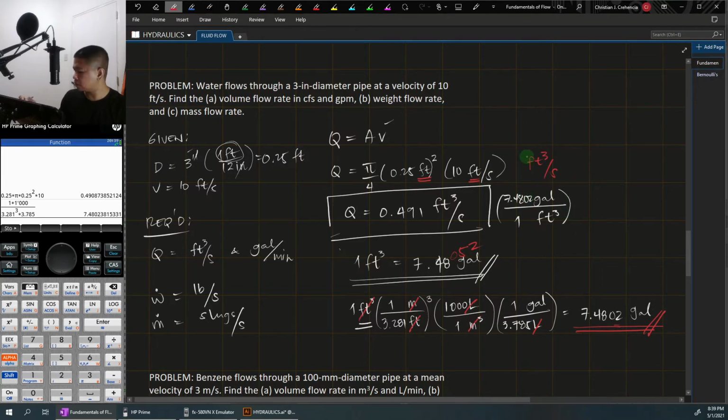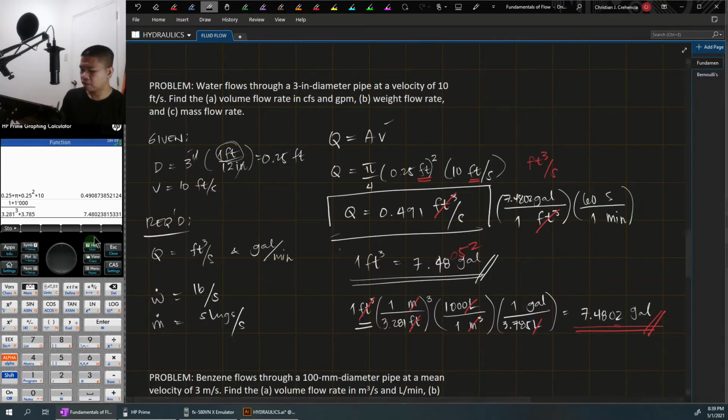So, ma-cancel yung cubic foot. And then, per second lang ito, no? So, gusto natin ma-cancel yung seconds. Nasa denominator ito, so kailangan natin sa numerator. Then sa denominator ngayon yung minute. And for every 1 minute, we have 60 seconds. Okay? So, etong answer natin kanina, gamitin ko yung exact value, 0.4908.